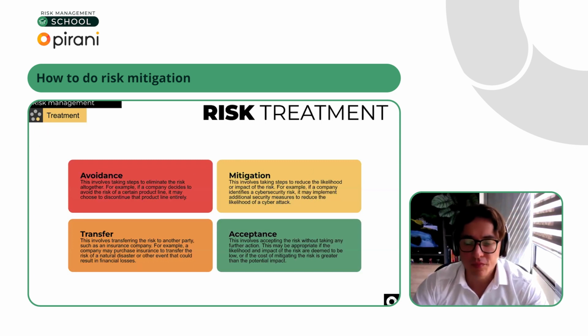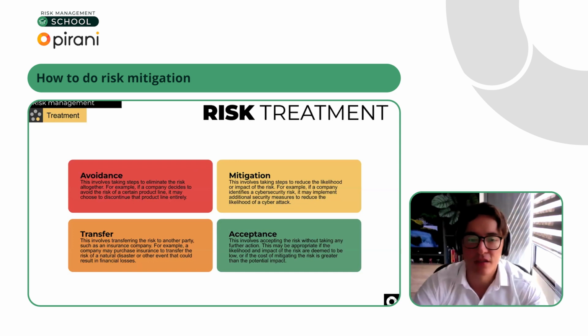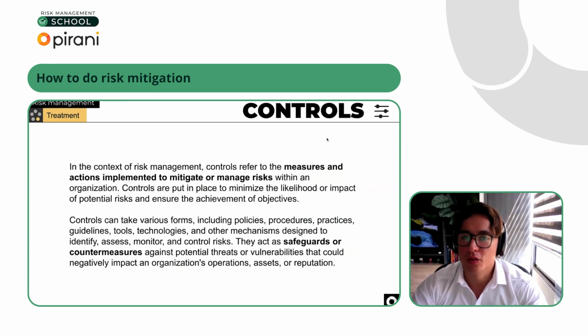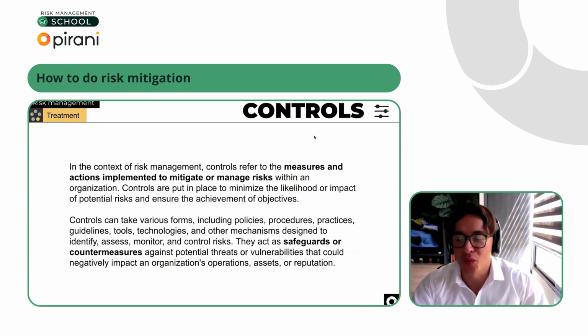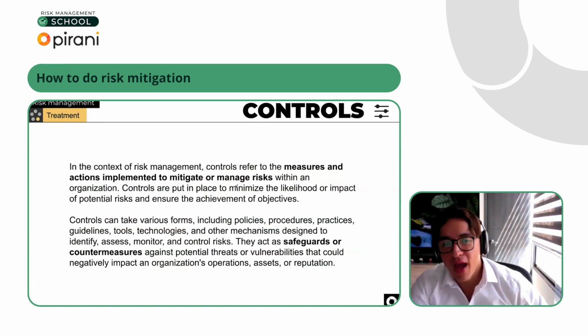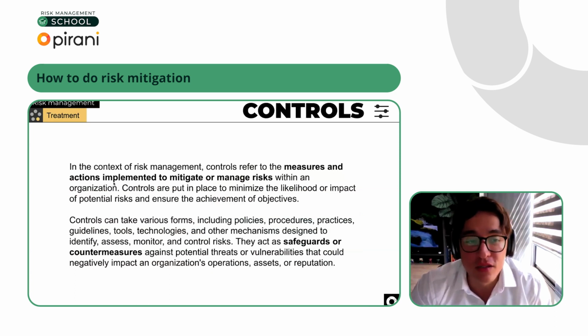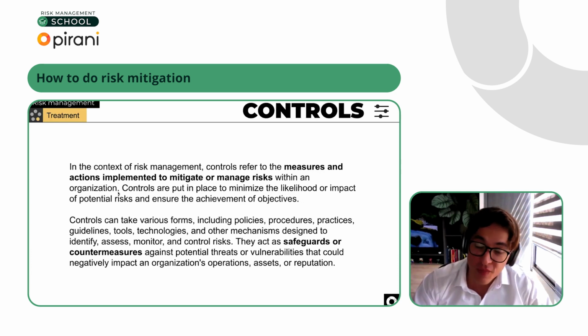Okay, so there are two main concepts that we can use to mitigate those risks. And the first is controls, the risk management language. In the context of risk management, controls refer to the measures and actions implemented to mitigate or manage risks within an organization.